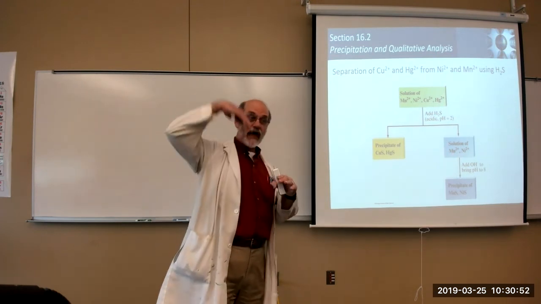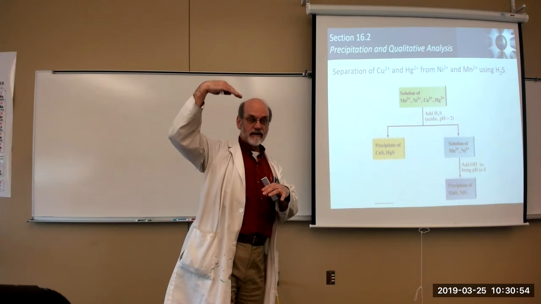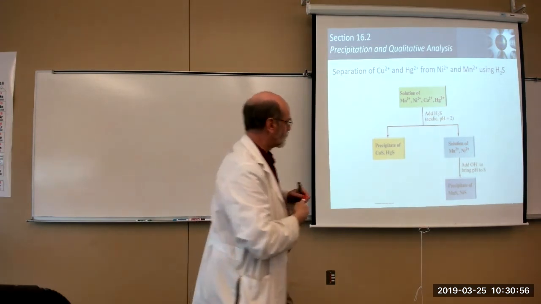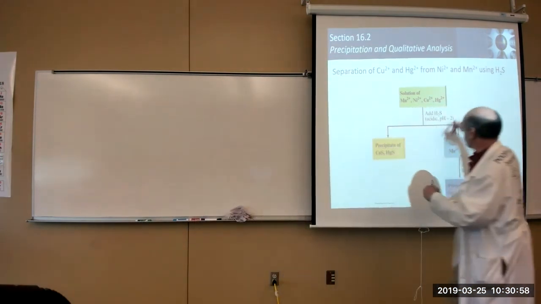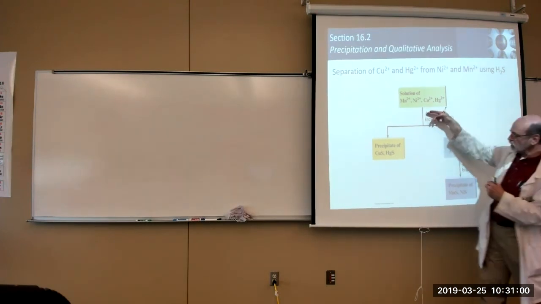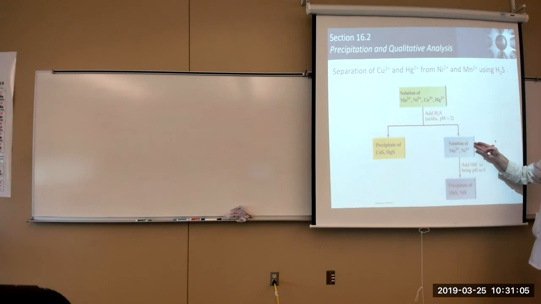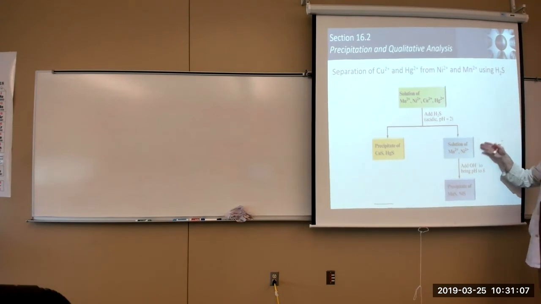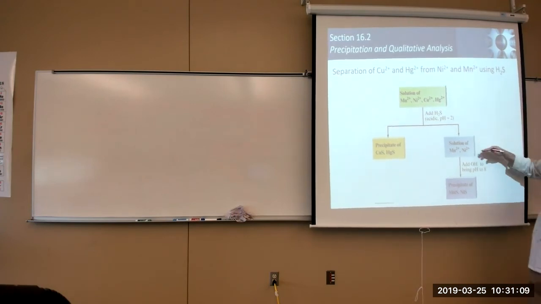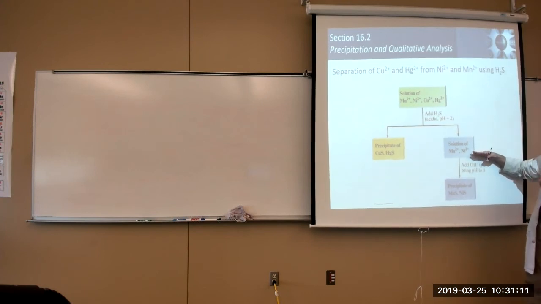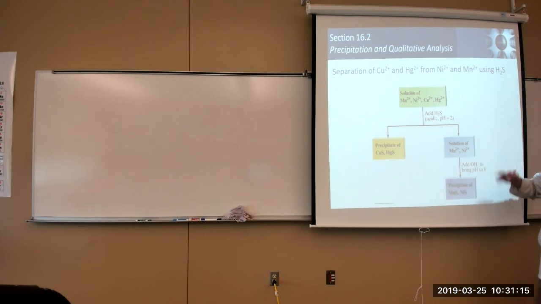And remember, if Q is higher than K, then you get precipitation. But at this stage, Q is greater than K for these, but Q is less than K for these. So then we change the pH, and that changes the Q. The Q now becomes much greater than the K's for these, and they precipitate.